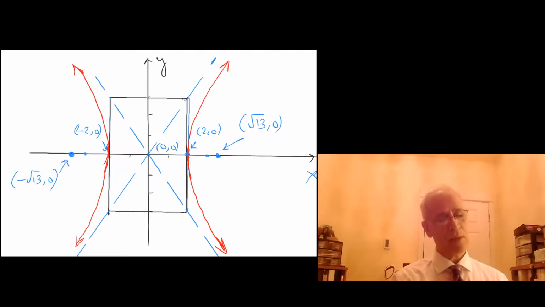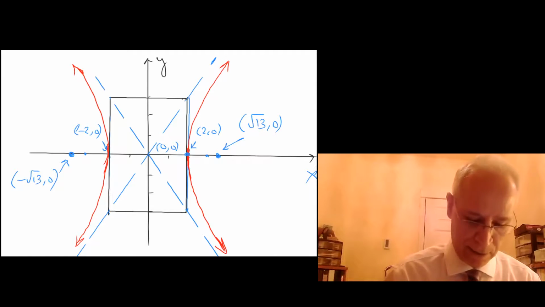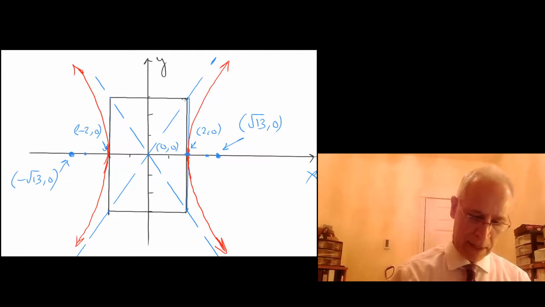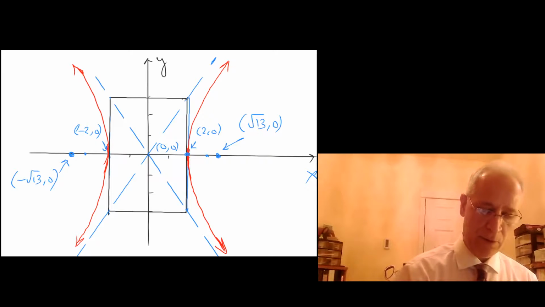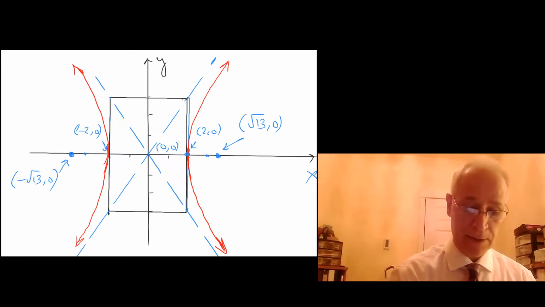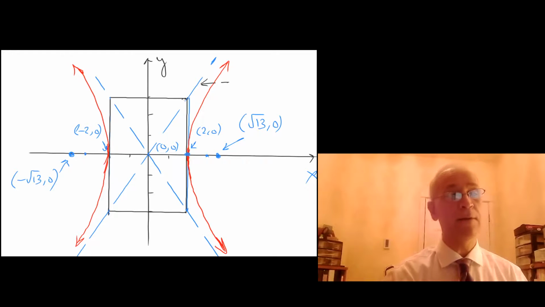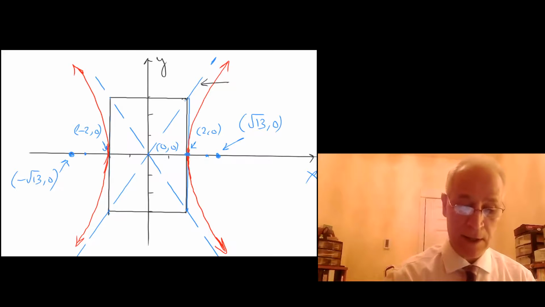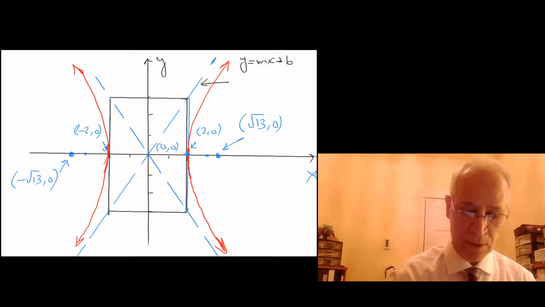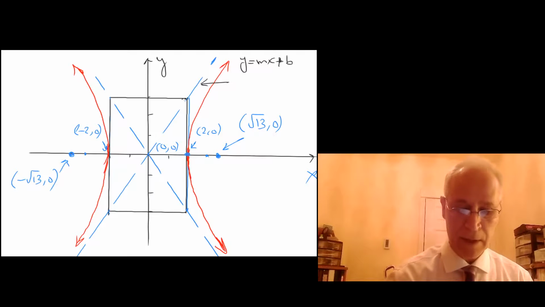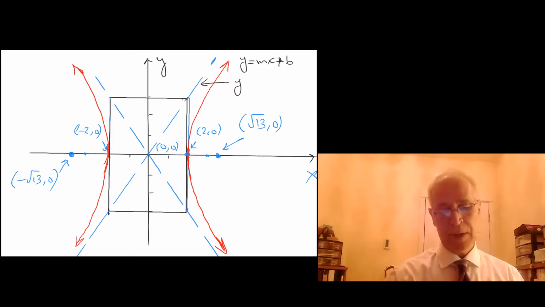Okay, so now the only thing left to identify is the equation of this asymptote here. Of course, this is a linear line, y equals mx plus b, with b or y-intercept being 0. So y equals, look at the rise over run.